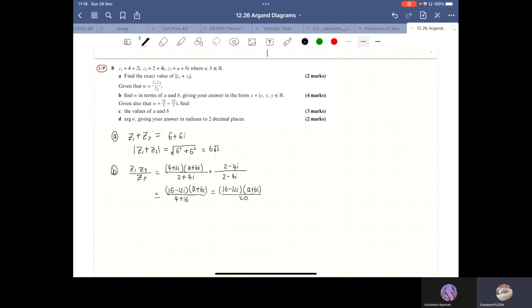Do you see a common factor between 16, 12, and 20? 4. Yes, so you can take out the 4. So you will get 20 divided by 4 is 5, and 16 by 4 is 4 minus 3i times a plus bi.